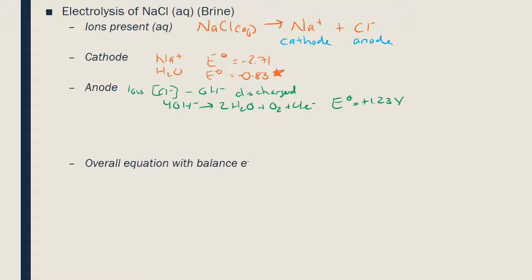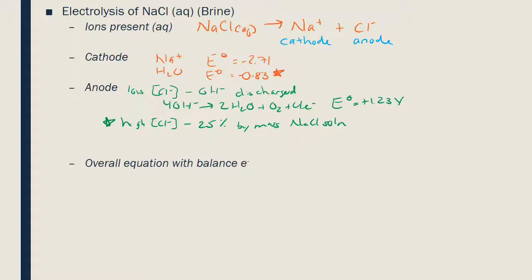Now, if we have low chlorine ion concentration, we're just going through the electrolysis of water. It's no different than the previous example. So what we care about in this example is a high chlorine concentration, and it's usually a 25% by mass sodium chloride solution.